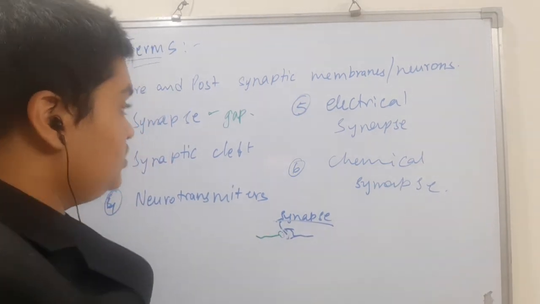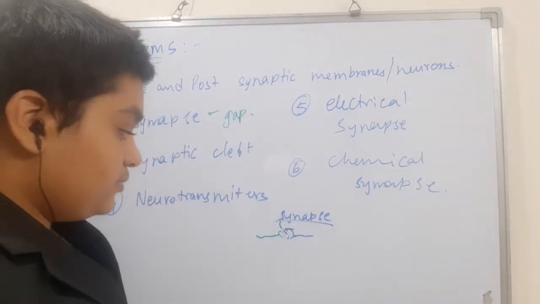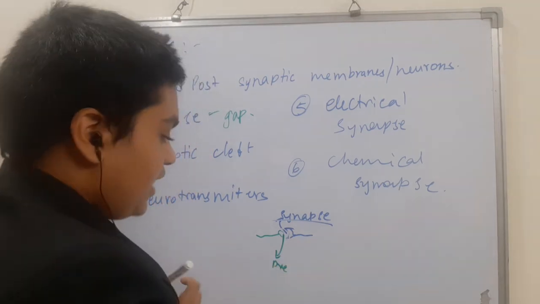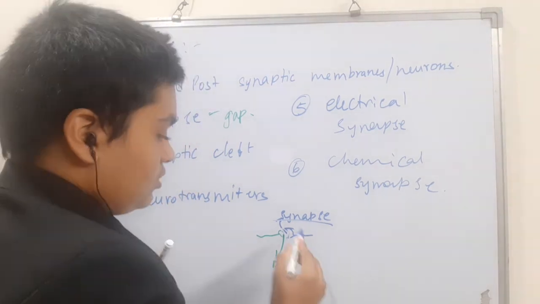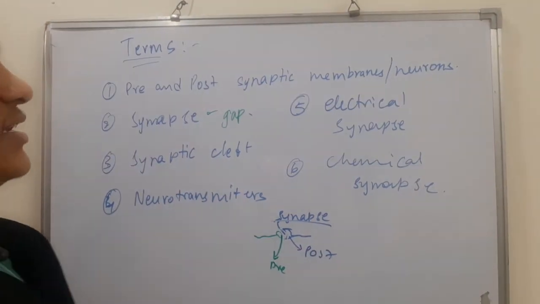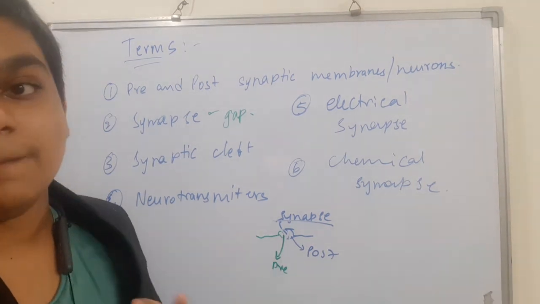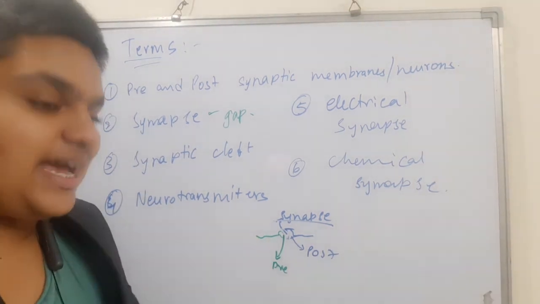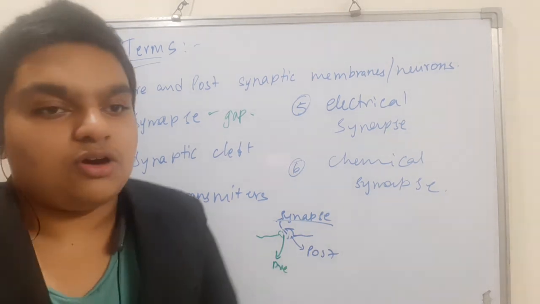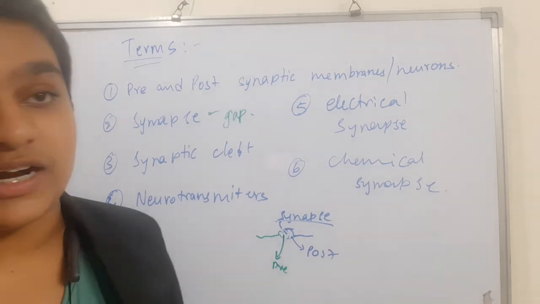This dendrite part is pre, this axon part is post. Got it? The pre and postsynaptic membranes plus the synaptic cleft make up the synapse. The synaptic cleft is the exact gap through which the transmission of neurotransmitters occurs.